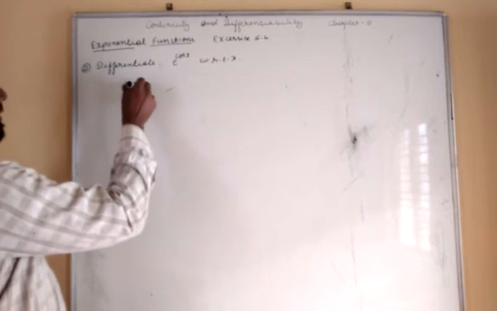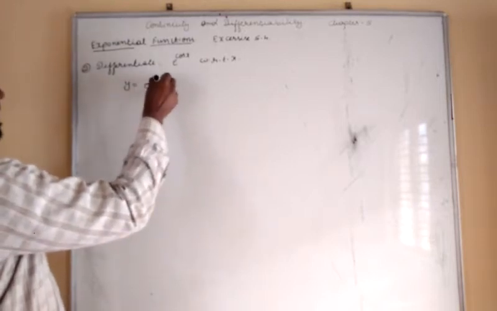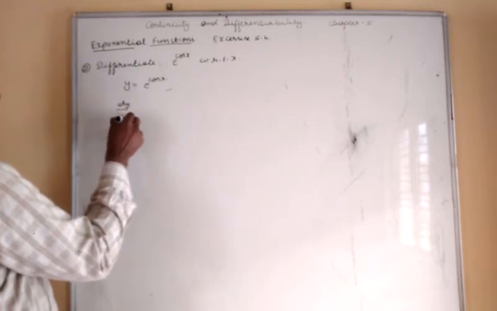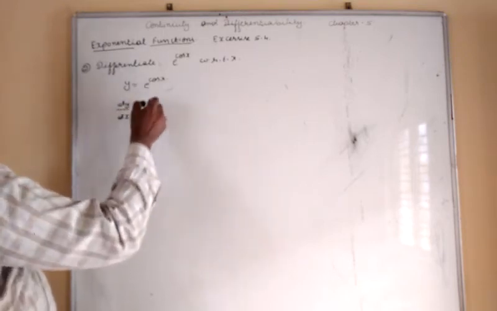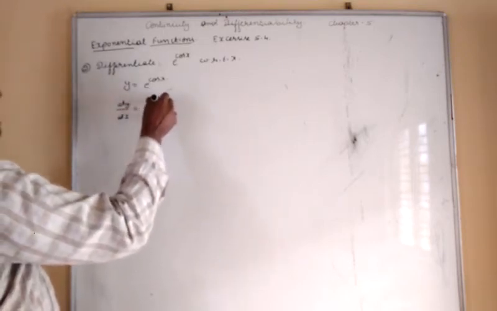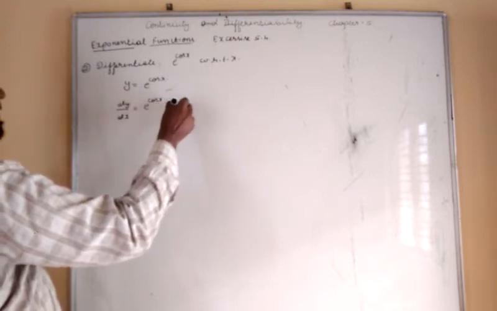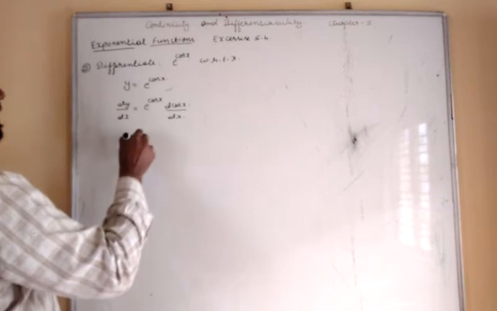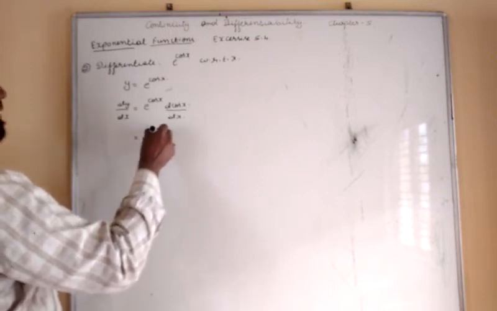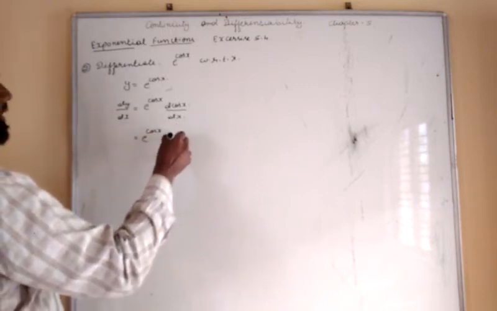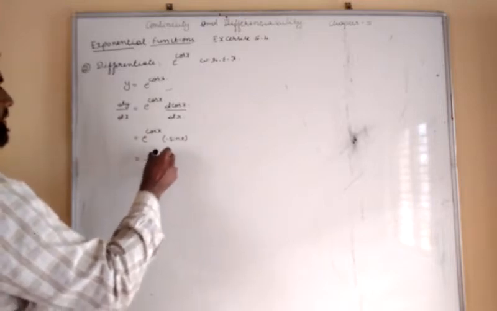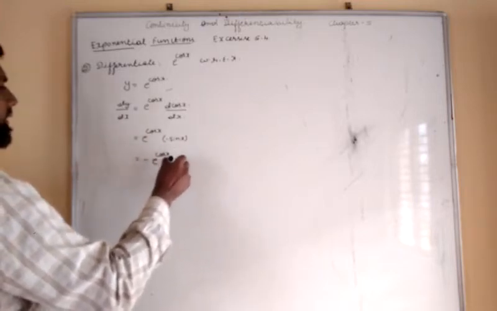So y is equal to e to the power of cos x. Differentiation of y with respect to x. e to the power of x means e to the power of x, with cos x in the place of x, again differentiation of cos x. e to the power of cos x, differentiation of cos x is minus sin x. Then that can be written as minus e to the power of cos x sin x.